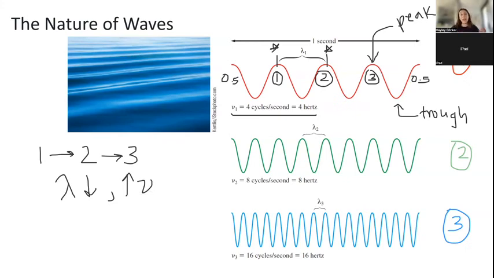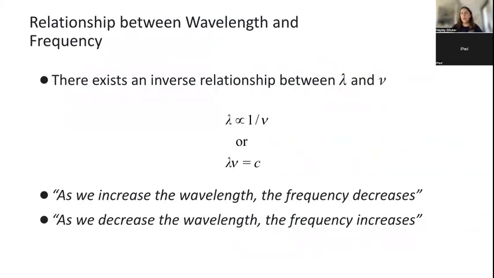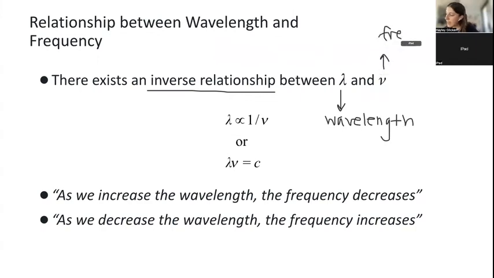But as a reminder, wavelength is the distance between the peaks or troughs of our wave, and our frequency is how many cycles it goes through per second. So we can identify that relationship that we just described. There's an inverse relationship between my wavelength and my frequency, so between lambda and nu.